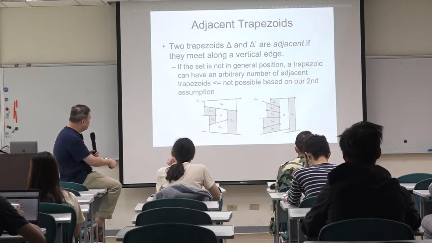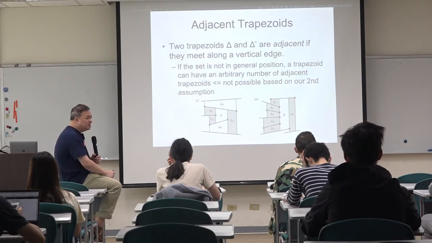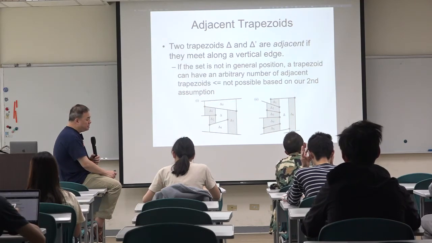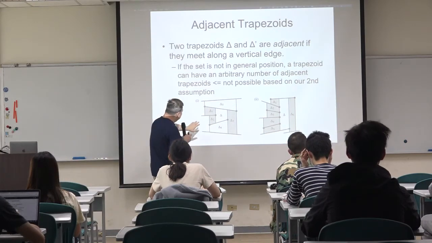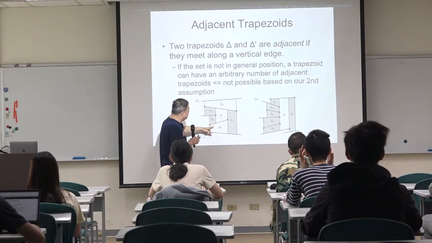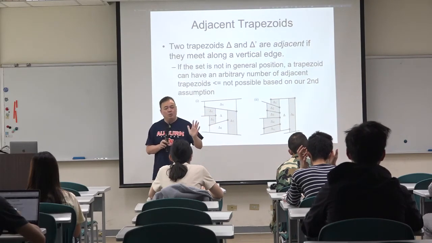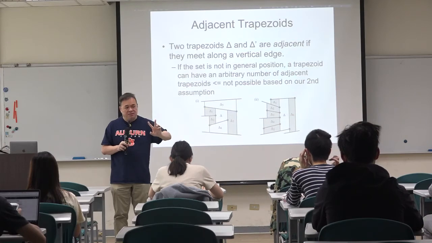You can see this case: this trapezoid has two neighbors on the left-hand side. This is not a special case. For example, this trapezoid has two neighbors on the right-hand side. Of course, a trapezoid could possibly have only one neighbor on one side. I'm saying up to two neighbors on one side.